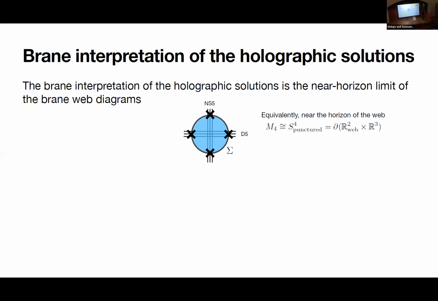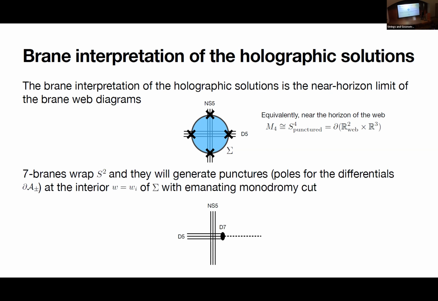So you can take the space near the horizon of this web in radial coordinates, and this will generate this sort of M4, which you can also think about as a 4-dimensional sphere, which is punctured by the fact that you have semi-infinite 5 branes intersecting this 4 sphere.